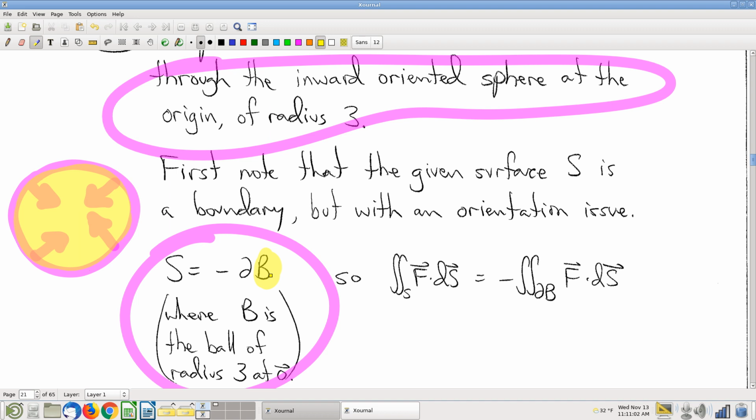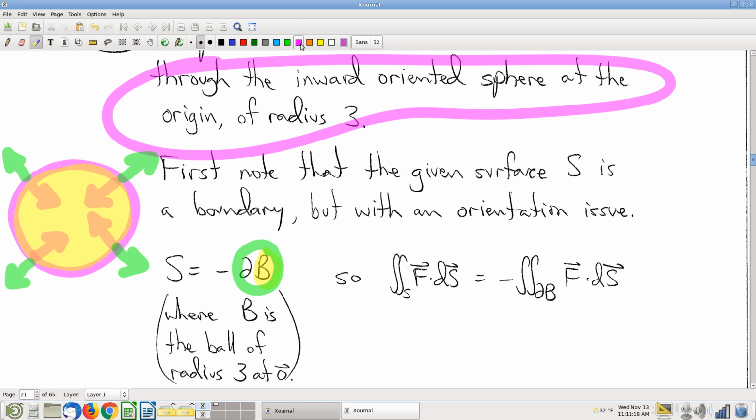There's the ball. The boundary of the ball, I guess I'll do in green. The boundary of the ball is, there our solid ball. Boundary means outward oriented. Right? So our given surface is just like the boundary of the ball, but with the opposite orientation.